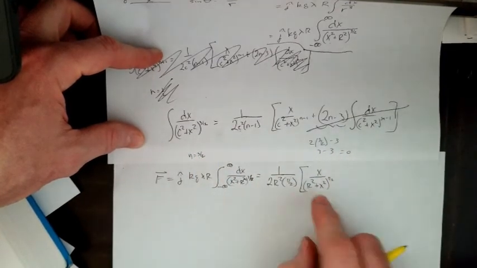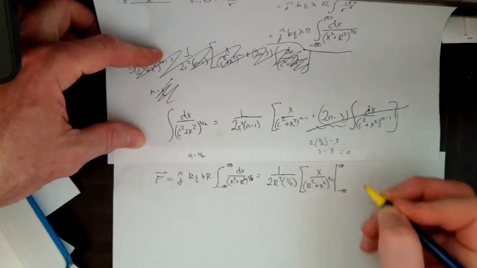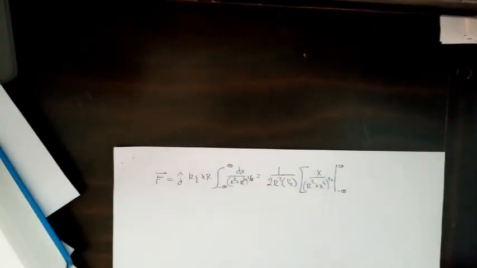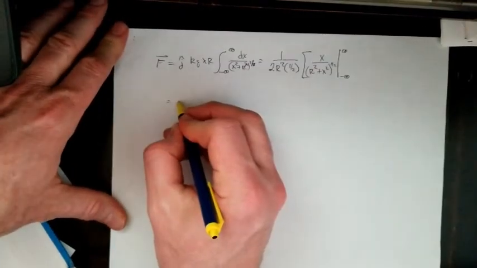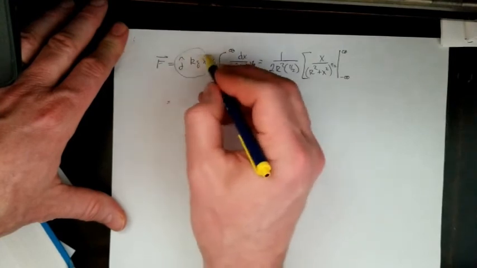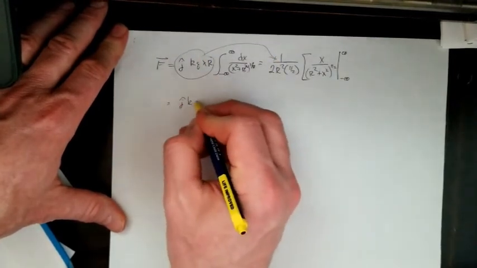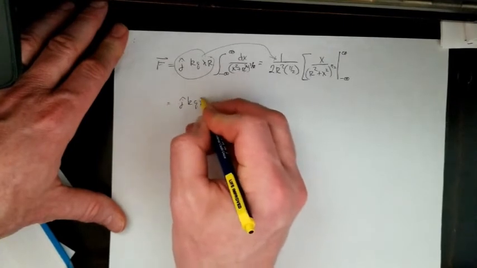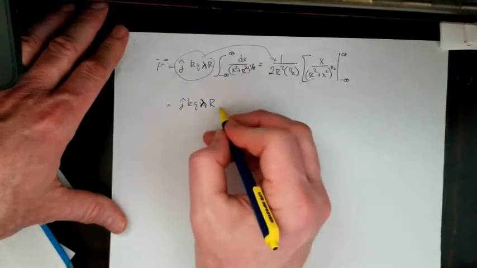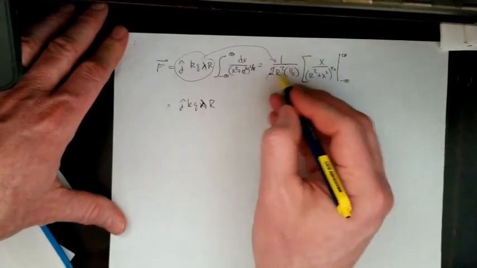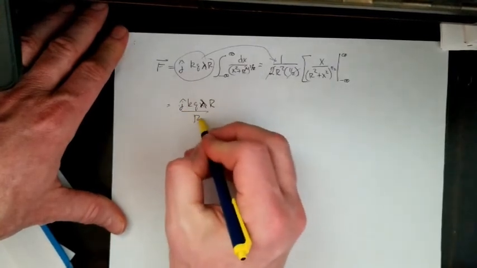So it's basically over the square root of r squared plus x squared from negative infinity to infinity. So this becomes, oh, and that whole bit up front. So I get j hat k q lambda big R over, those cancel out. So I have this r over r squared here.